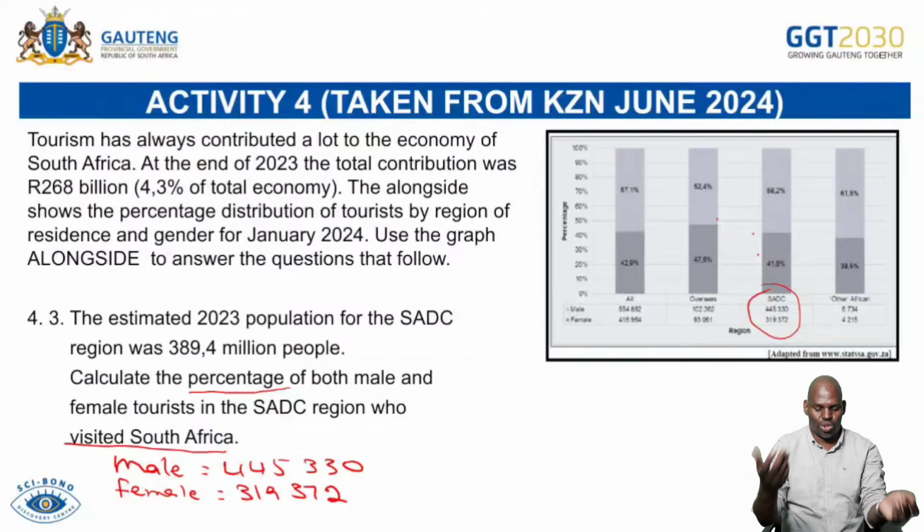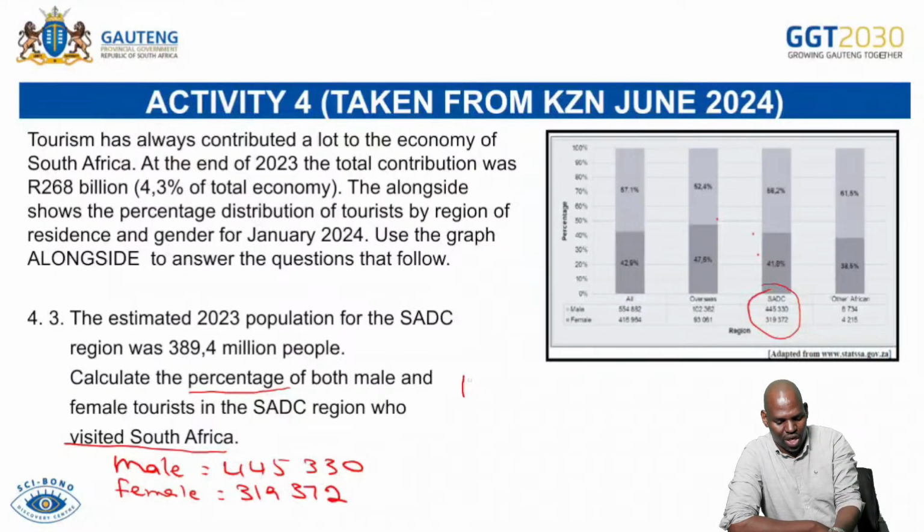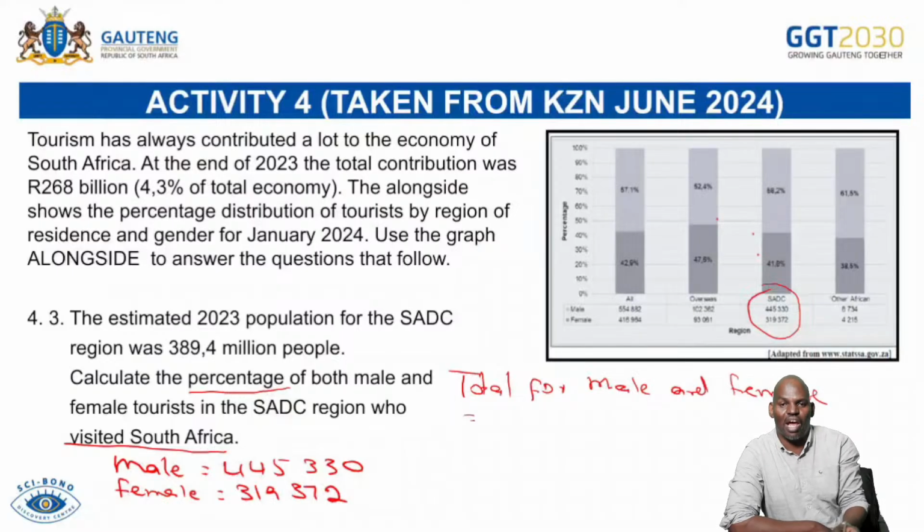So the total of male and female tourists is 445,330 plus 319,372. Then I get the total.